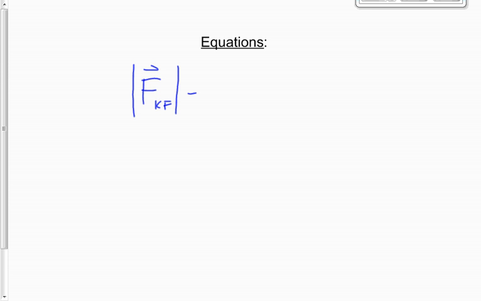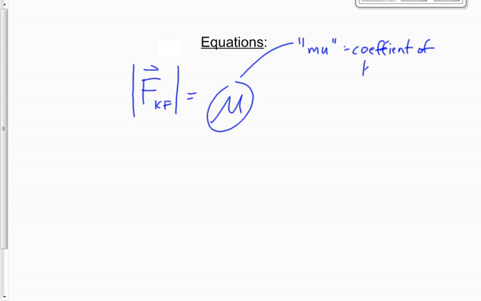The force of kinetic friction is equal to, that's a crazy letter, mu. It's a Greek letter, mu. It stands for the coefficient of kinetic friction.